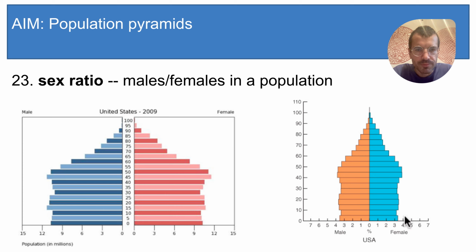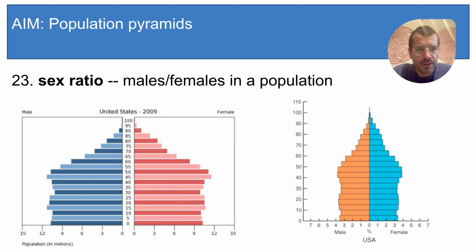All right, be careful. Sometimes the x-axis of a population pyramid shows the total number of people in each age bracket. That's like the one we just looked at. But other times it shows the percentage of the total population that is in each age bracket.